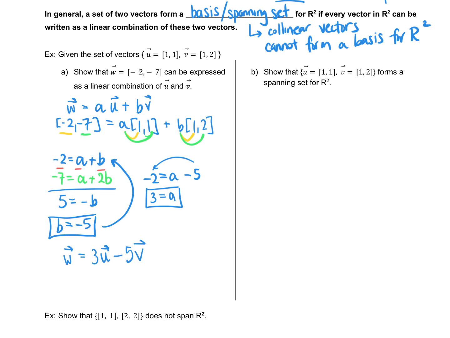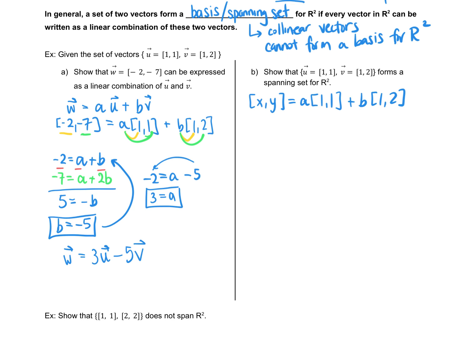Now, we did just show it with this specific example, but we can also repeat this process for a general vector. So let's say my general vector is (x, y). If I can show that any vector (x, y) can be written as a times vector u plus b times vector v, then that is one way for me to prove this idea that u and v form a spanning set.